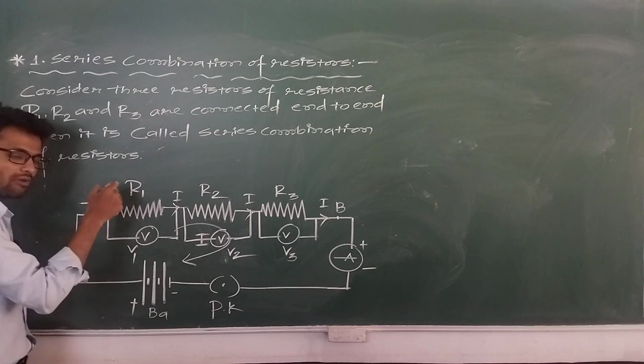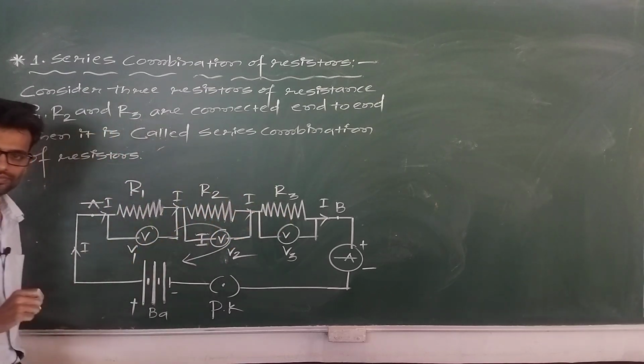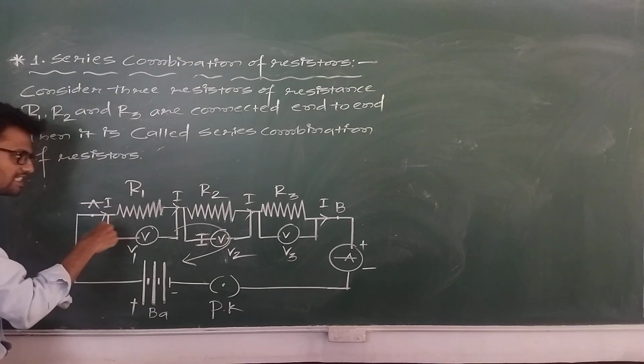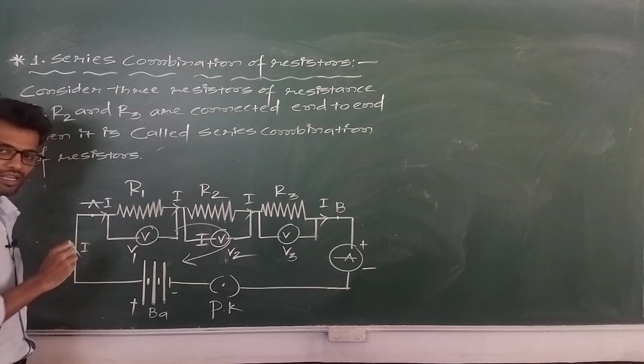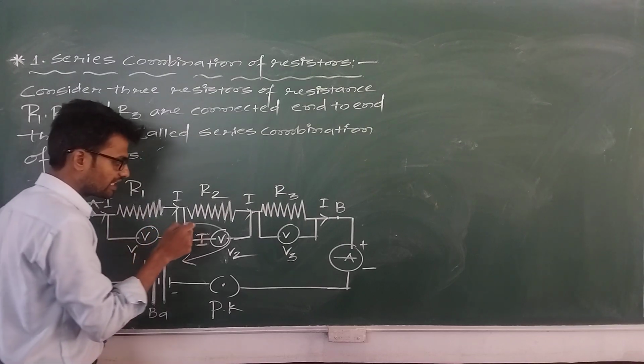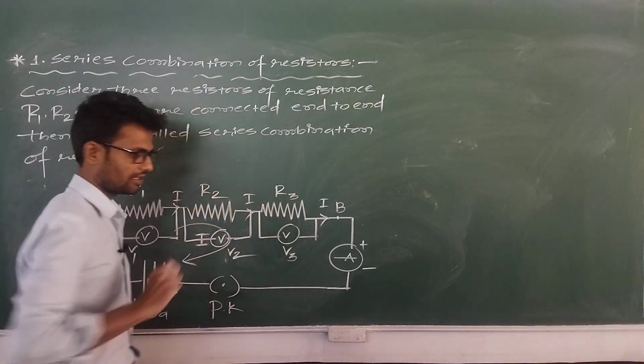The current flowing in R1 is the same as in R2, and the same in R3. But the potential difference across R1 is V1, across R2 is V2, and across R3 is V3.